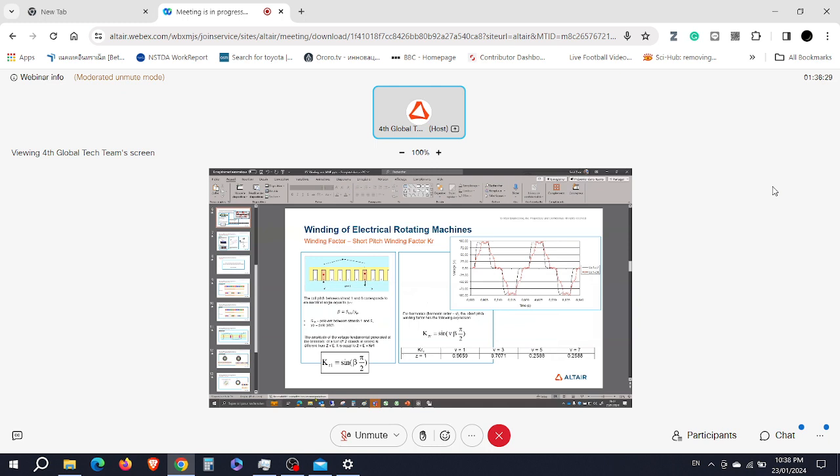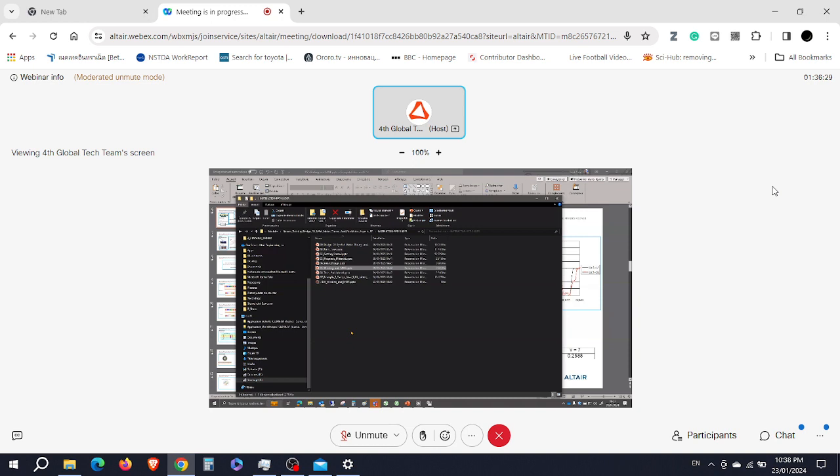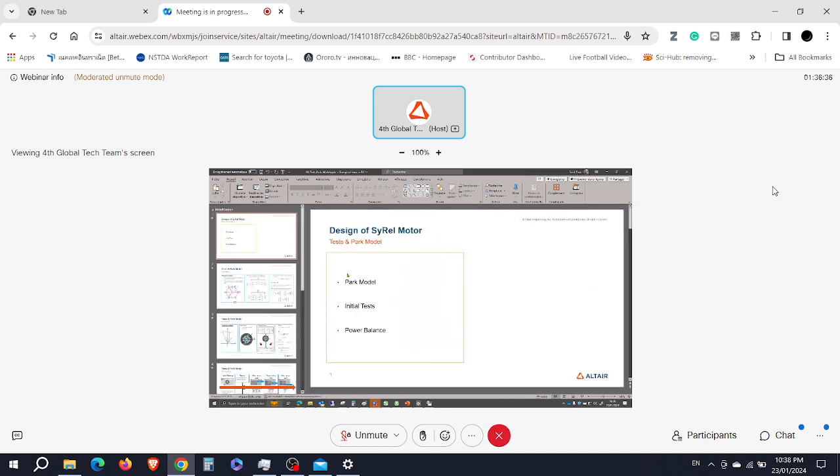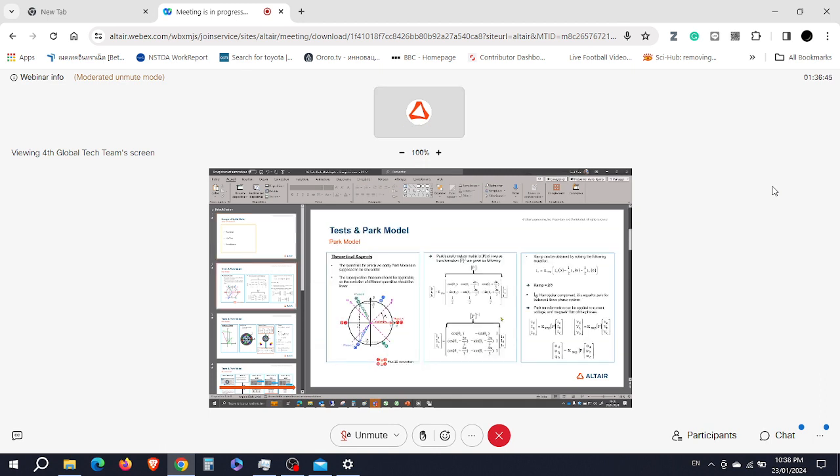So let's then have a look at the Park model. I don't know if you remember the three-phase equation or the matrix of inductances we have seen yesterday.